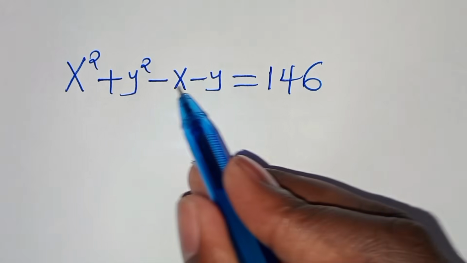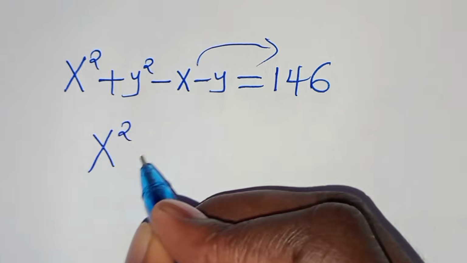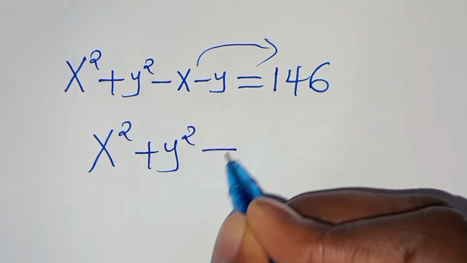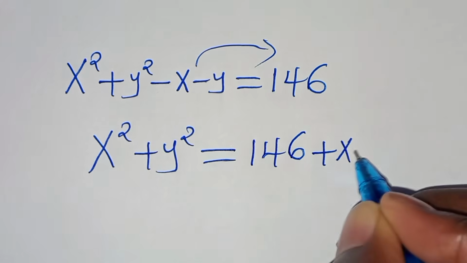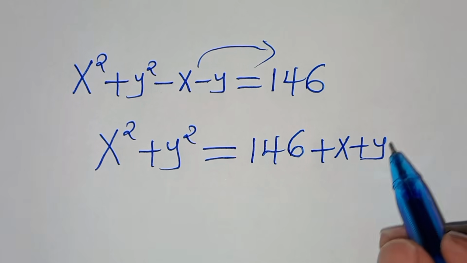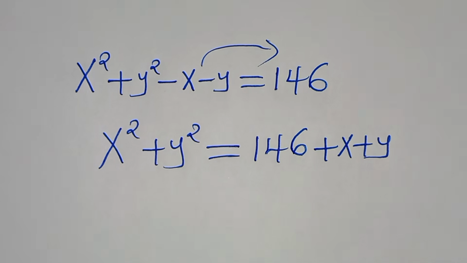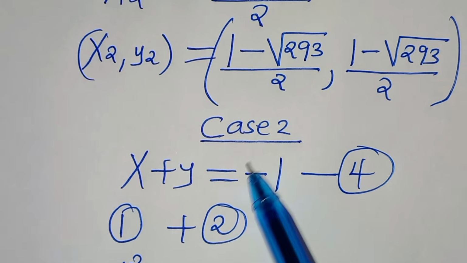Now let's take minus x minus y on the right hand side, so that we have x to the power of 2 plus y to the power of 2 equal to 146 plus x plus y. This x plus y, from equation 4, is equal to minus 1.